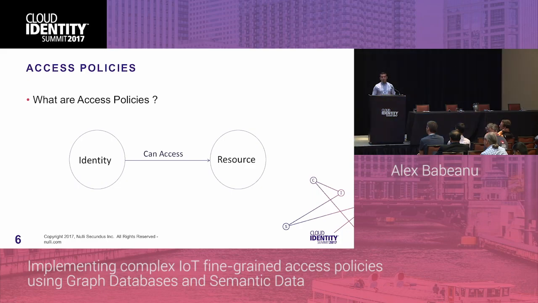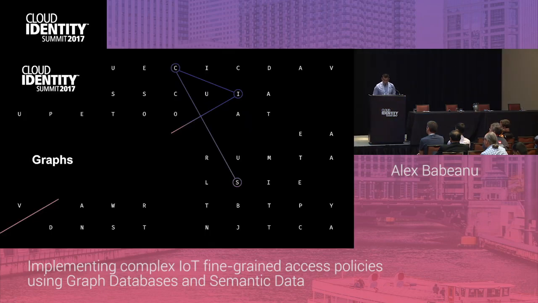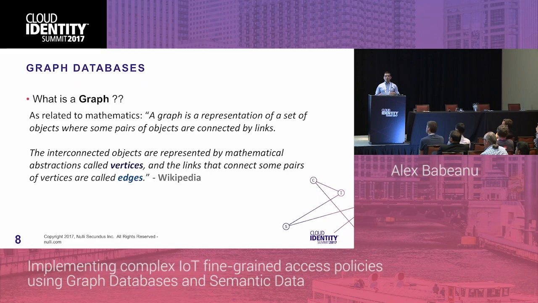So what about graphs then? Before we can even talk about graph databases, it'd be good to understand what a graph is. How many of you are familiar with graphs already, just so I know? Everybody? I guess I'll go pretty fast here. As you know, a graph is a representation of your data in a graphical way that includes vertices and edges.